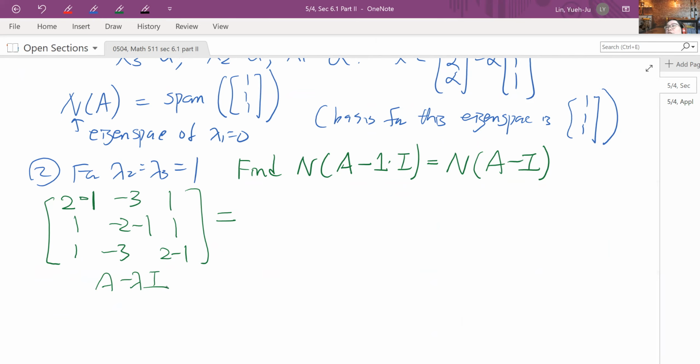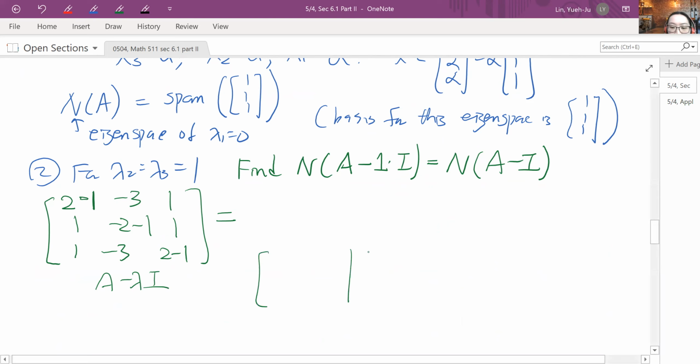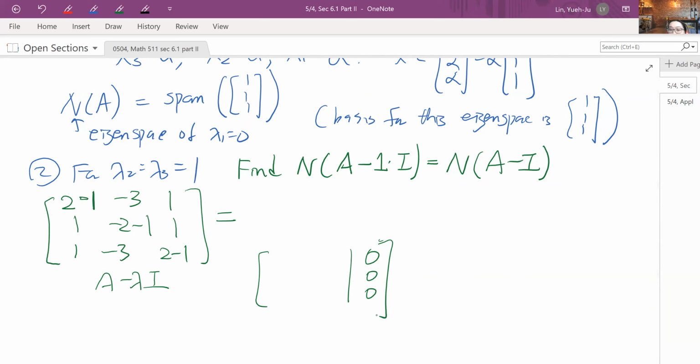Once I find A minus lambda I, because I'm technically solving this whole thing equals 0, the swapping comes in when I start doing the reduction. When I do the swapping, I was trying to do the Gauss elimination. That's why I can swap.